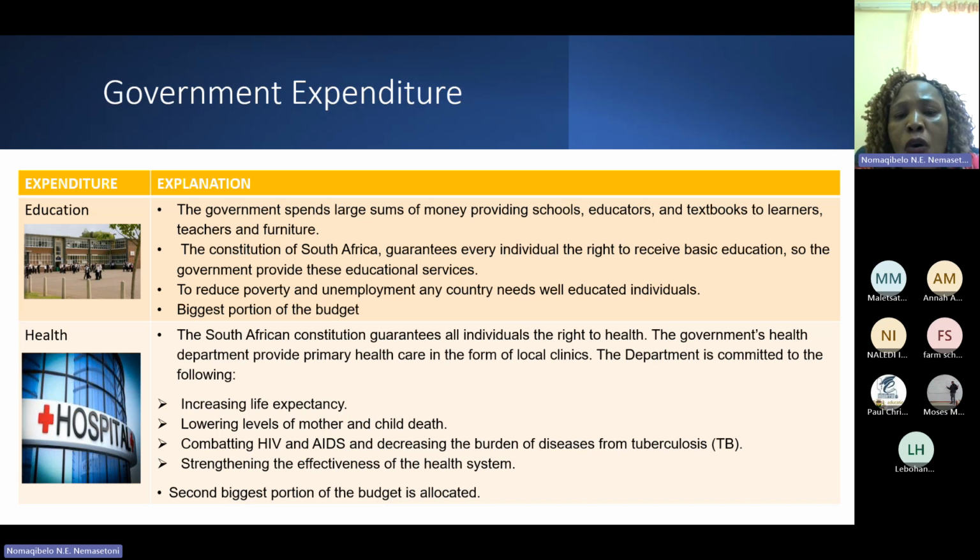The department is committed to the following: increasing the life expectancy, lowering levels of mother and child death, combating HIV and AIDS, decreasing the burden of disease from TB, and strengthening the effectiveness of the health system. And this is the second biggest portion of the budget for our government.